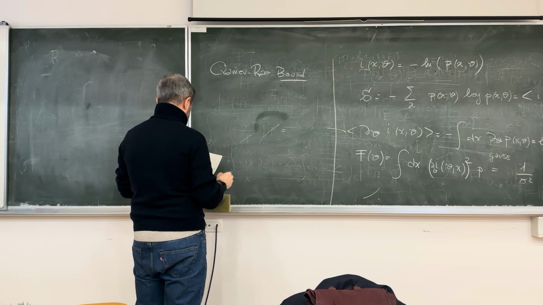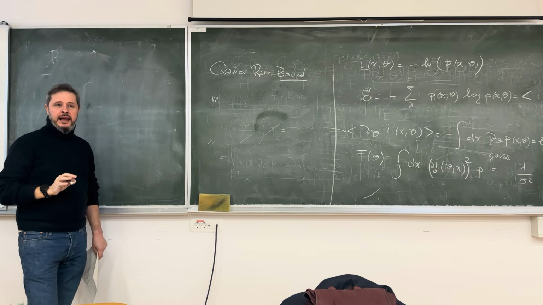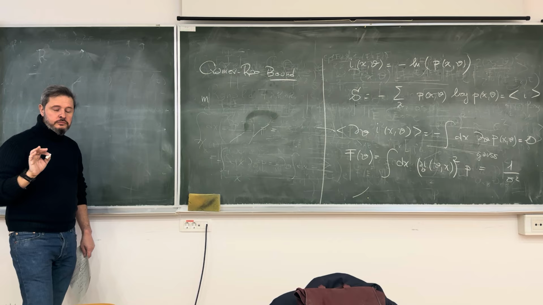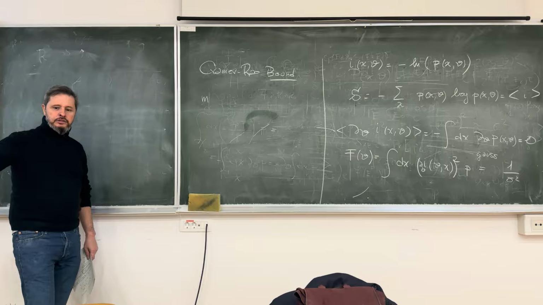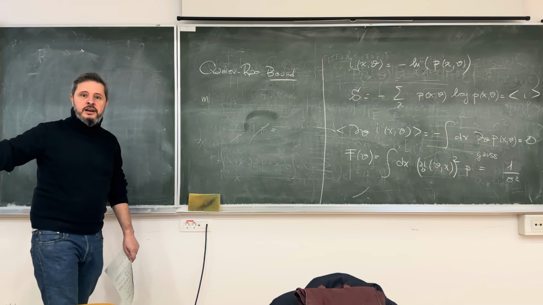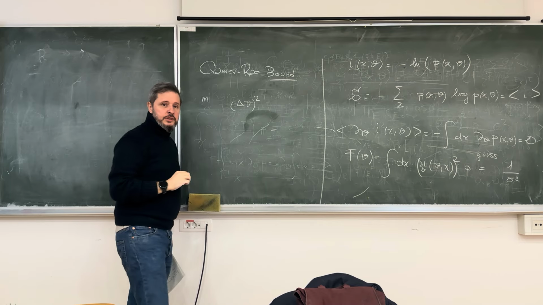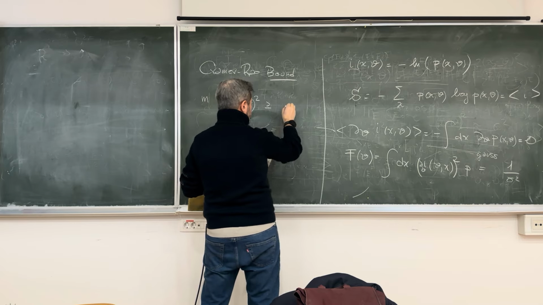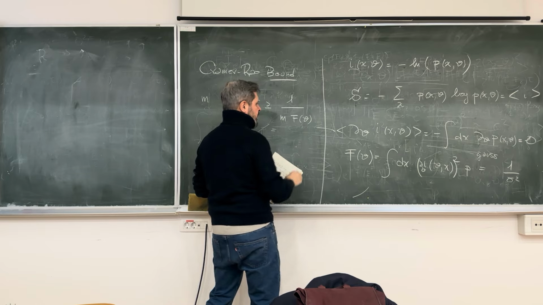It tells you that if you have m outcomes of your measurement according to this probability distribution, x1, x2, etc., xm, then the best accuracy with which you can hope to determine your parameter theta is bounded from below by 1 over m times the Fisher information F of theta.